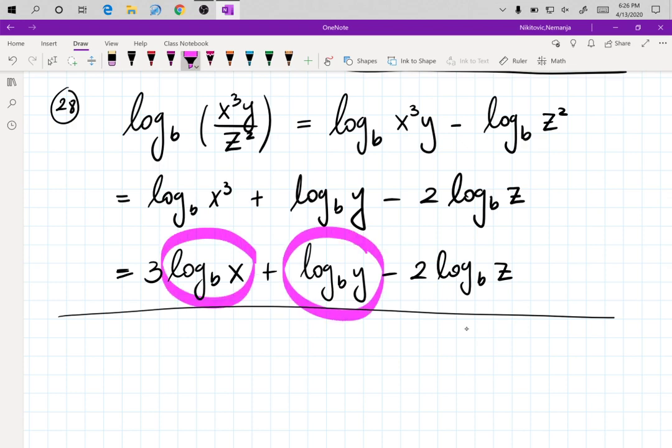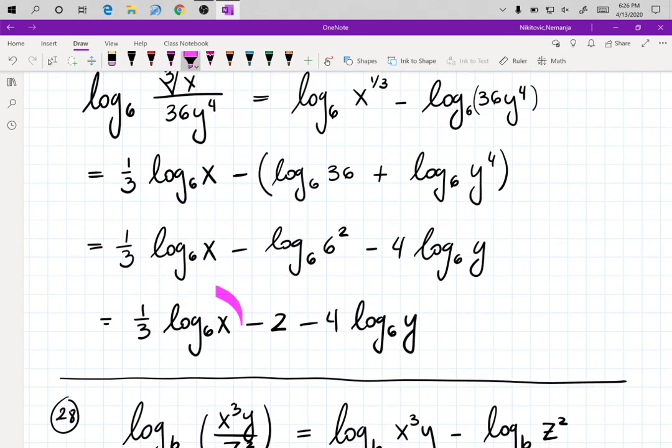If you take all three, look at all of these, there is literally nothing else. It's a single b and a single z, single b, single y, single b, single x. And you know then you are done. See, there it is, log 6 of x, log 6 of y. Cannot be simplified any further. You reached the end.